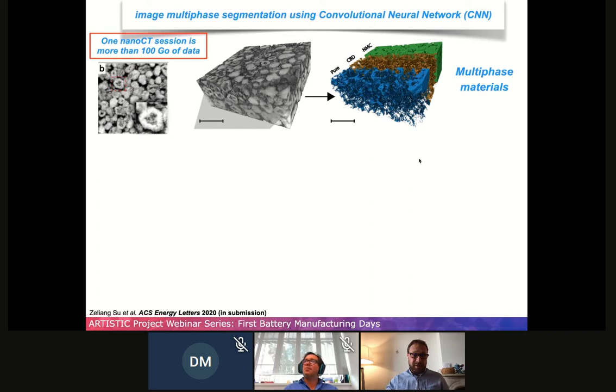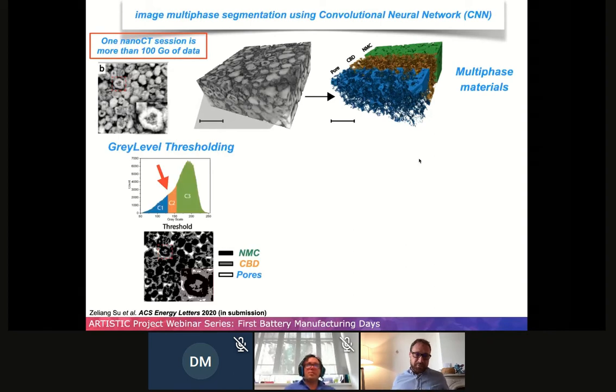We totally agree with that. And then we have to, of course, reconstruct the data, but also make a segmentation of the data. And segmentation of the data means you have to separate the three phases for the case of NMC electrodes. This is a multi-phase material. So you have a pore, CBD, and NMC.